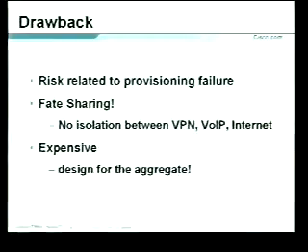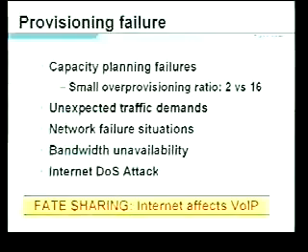So why is it risky? It is risky because the target OP factor that you have is 2, and 2 is not a lot. With a link failure or a node failure, you can imagine that the rerouting of traffic can absorb an OP factor of 2. You can have unexpected traffic demands. You may not have analyzed all the failure scenarios.